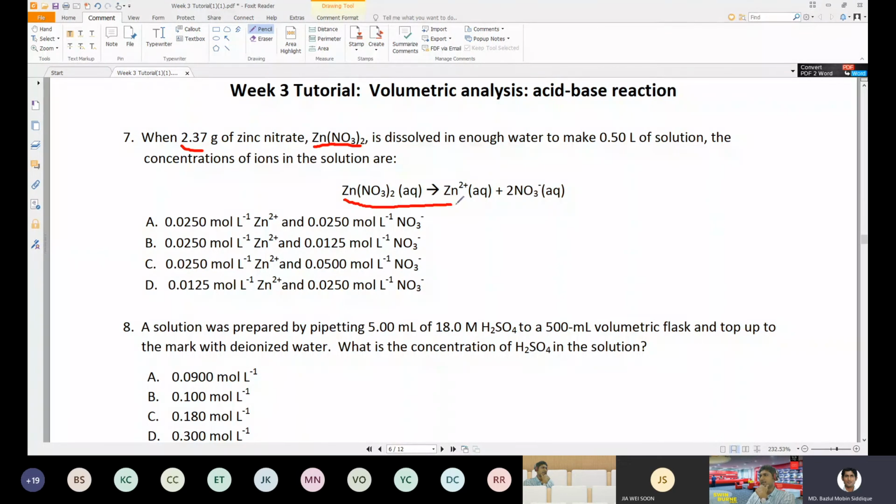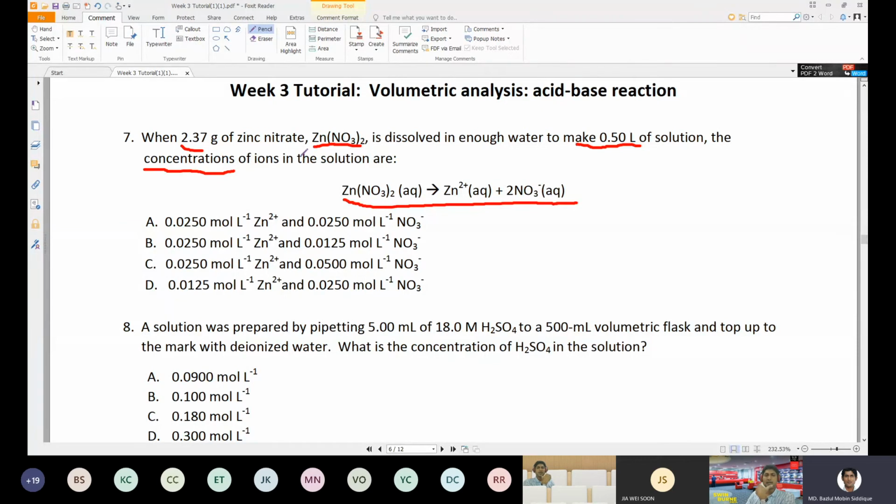Luckily it is given that it dissociates in this way in water. Then it was made up to 0.5 liter, not even 1 liter. It is asking us for the concentration. Remember, it's not the number of moles, but the concentration.